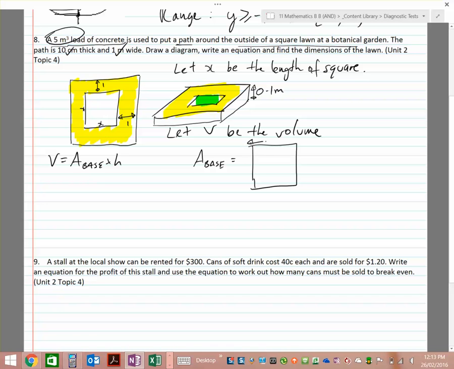The dimensions of this big square will be, well, this is x, and then there's 1 on either side, so x plus 2 by x plus 2. And then I'm going to take away that little square, which is just x by x. So this is everything, subtract the garden.